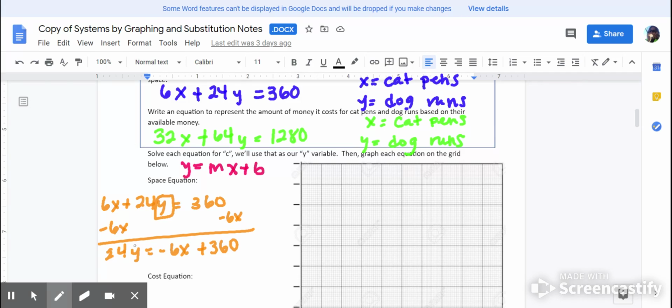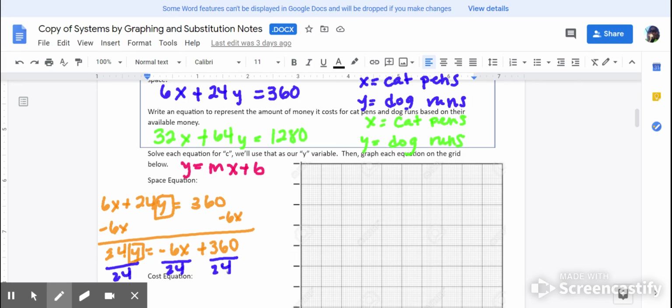Now I'm still solving for my variable of y because I'm going to be able to graph it. So at this point, I'm going to divide everything by 24. And at this point, I would suggest that you do not change this into a decimal. Leave this as a fraction.